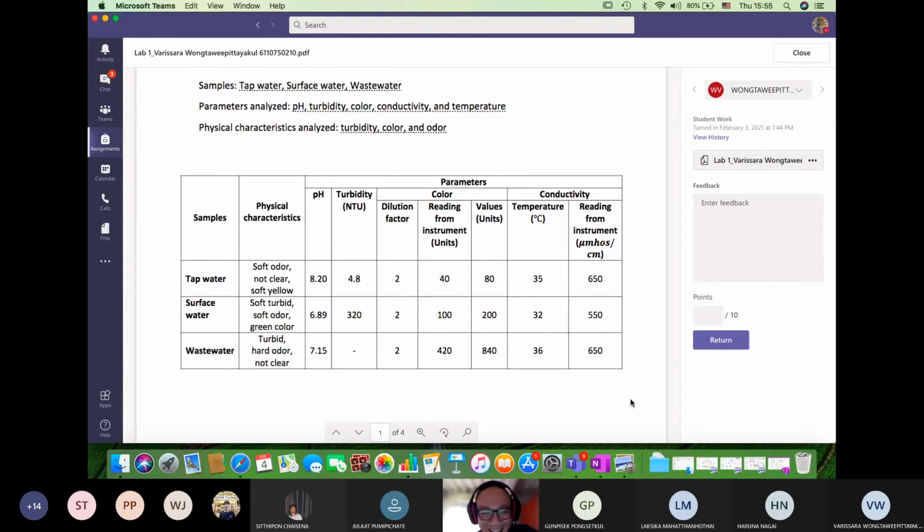Which I think is not suitable for aquatic life. Really? But so many aquatic life live in those ponds. It's against your belief. Because I found that the conductivity should be around 150 to 500, but it gives 550.